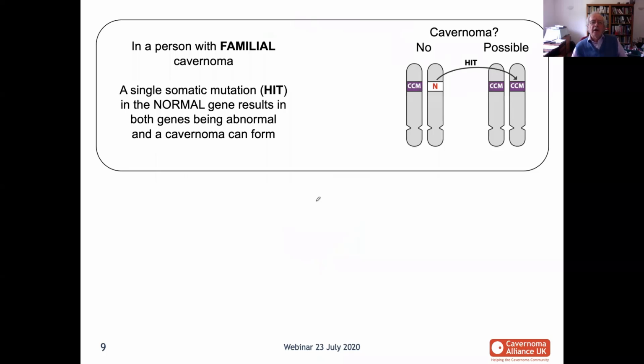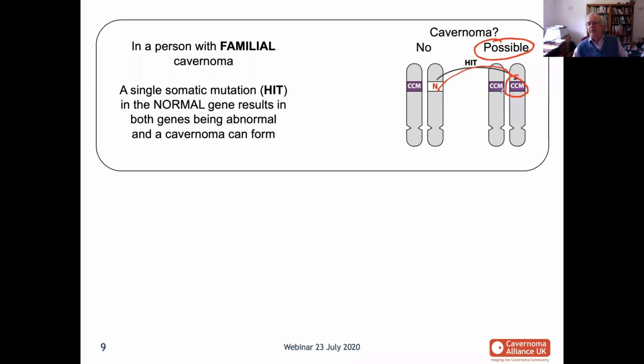If you have the familial form of the Cavernoma, that is, you have one abnormal gene and one normal gene, you then have to have a single hit, a single somatic mutation, in order to get to the possible formation of a Cavernoma. And that has to happen in one of the capillary cells, which has to have a hit on the Cavernoma gene.